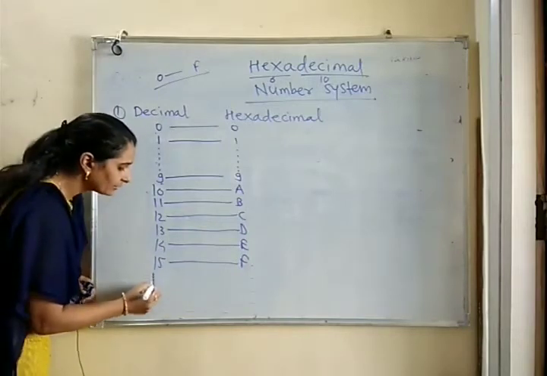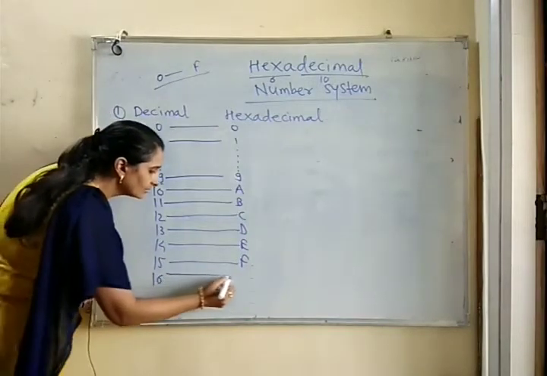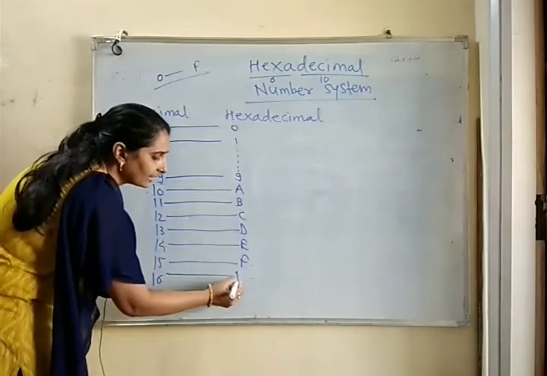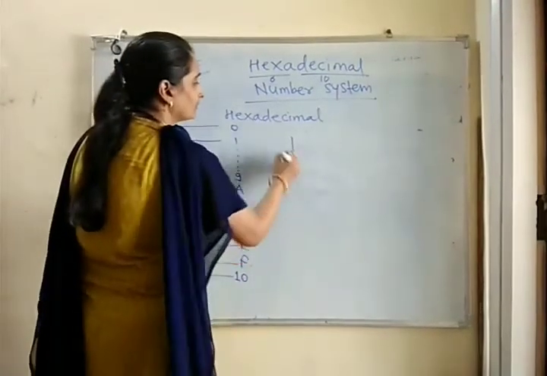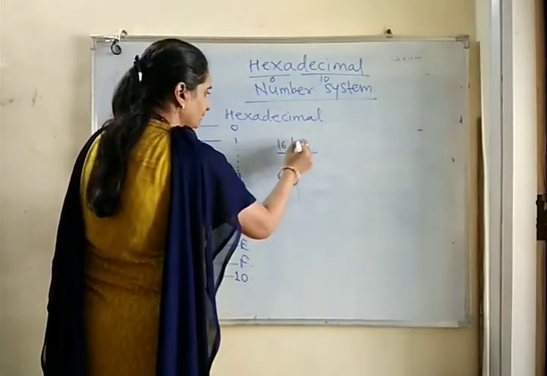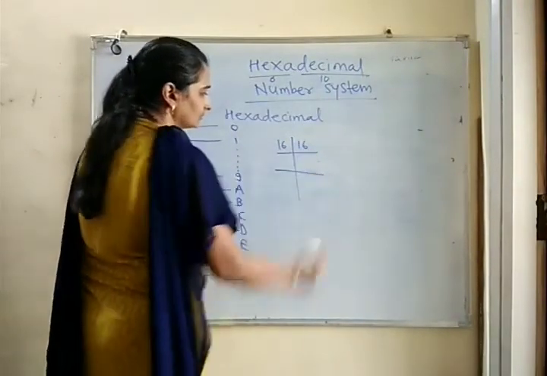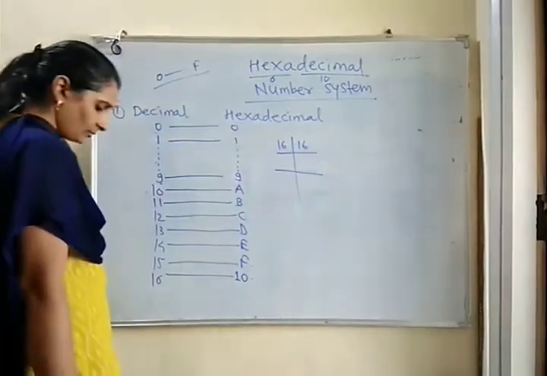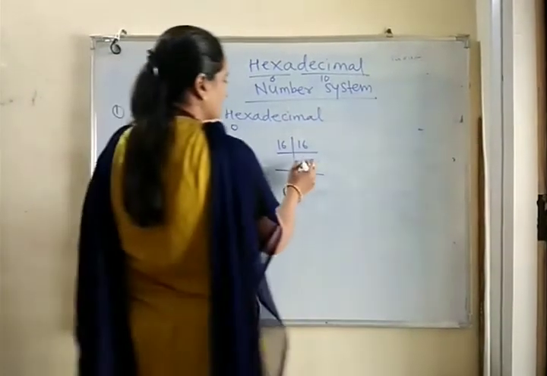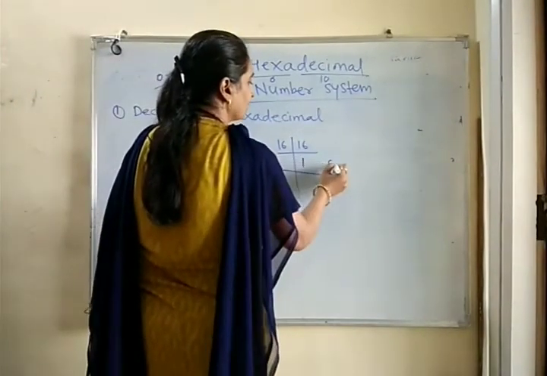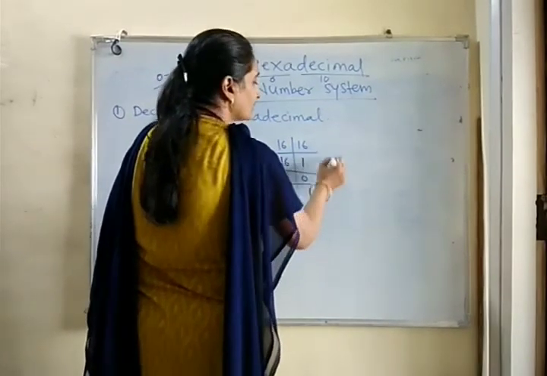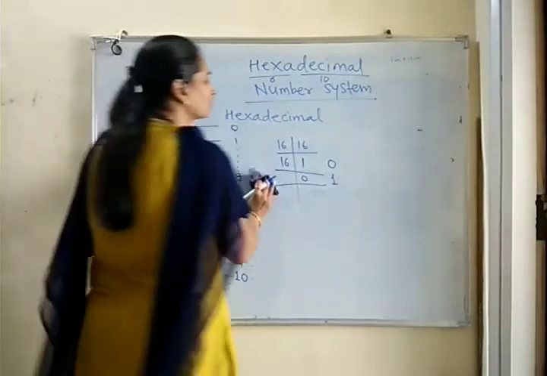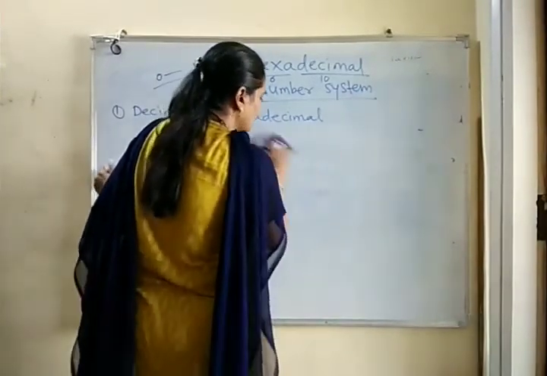Whenever you are representing 16, just write 1 0. How is 16 represented in hexadecimal? See here, with the help of the division method, 16 ones are 16, remainder is 0, 16 zeros are 0, remainder is 1. So it is 1 0. No need to convert again and again.